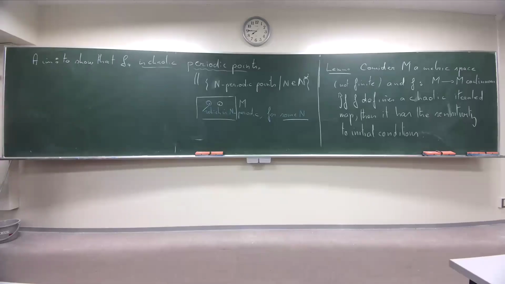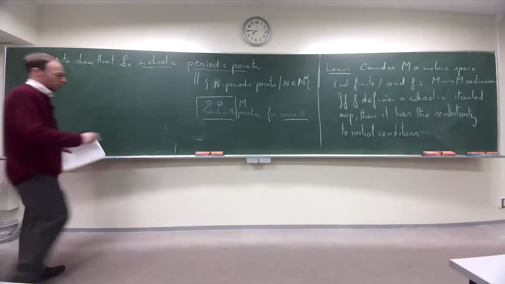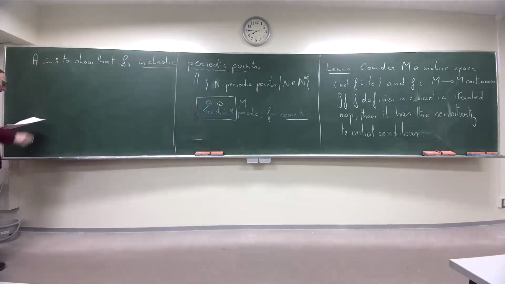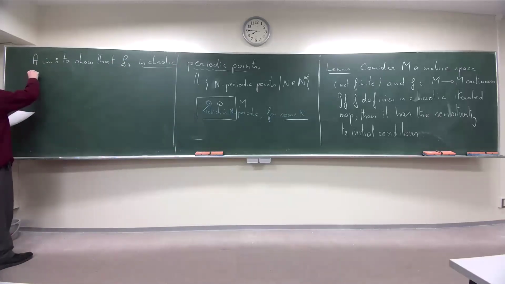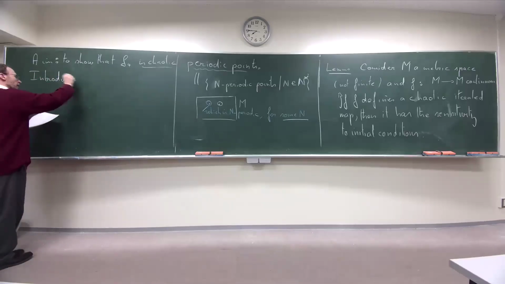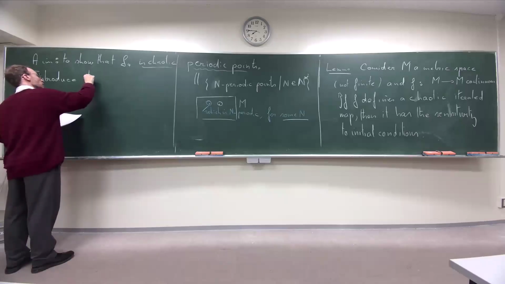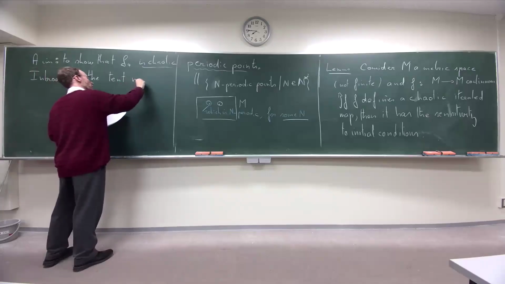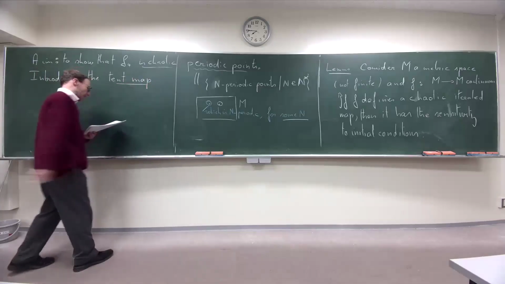For this, we will introduce a new function, and we will finish the job next time. So we introduce, and it's a nice example, what is called the tent map. This is the official name.